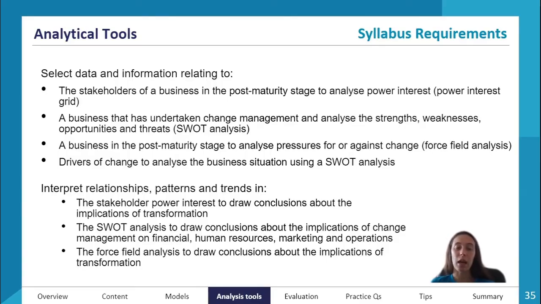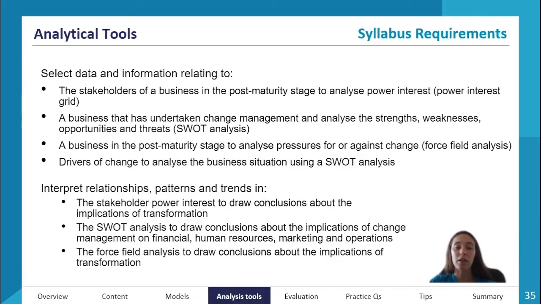Once you've selected that data and information relating to that post-mature business, you then need to look at interpreting relationships, patterns, and trends. So the power interest grid, you're going to draw conclusions about the implications of transformation. So in terms of people with different levels of power and different levels of interest, what kind of conclusions can you draw about the impact of transformation on those things?